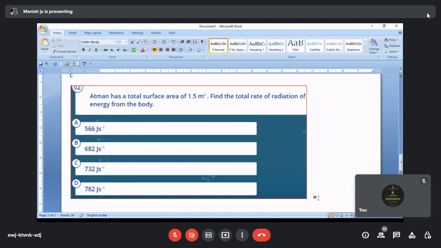So for this we are using a different relationship, which gives you the rate of radiation. Surface area is given in this question.